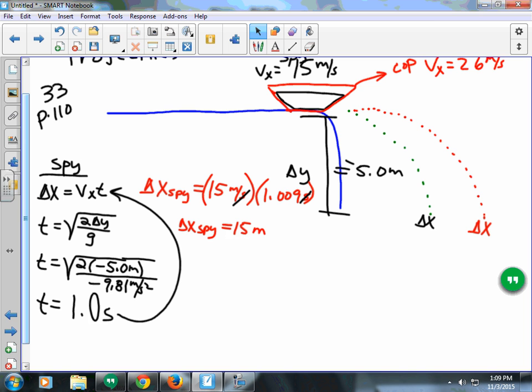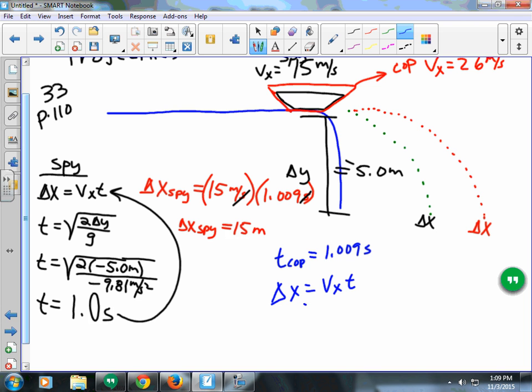Okay, now we need to do the cop. Would that just be 15 meters? Yeah, it's 26, because the time's gonna be the same. So delta X for the cop equals 26.